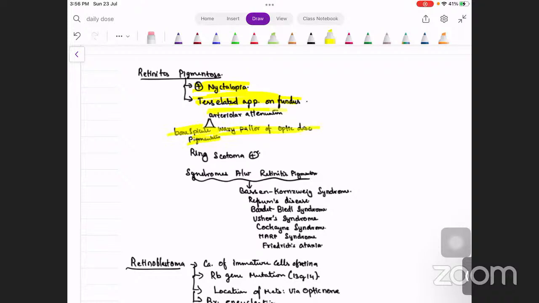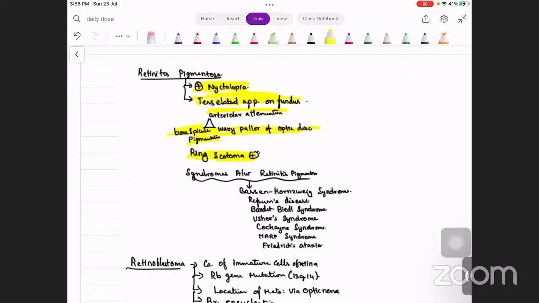You may also see ring scotoma in retinitis pigmentosa.